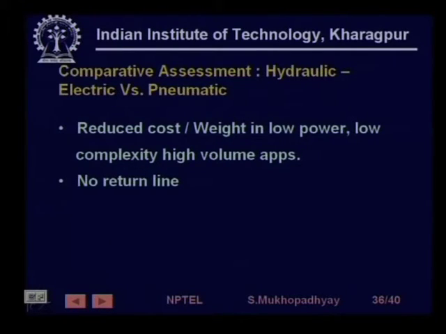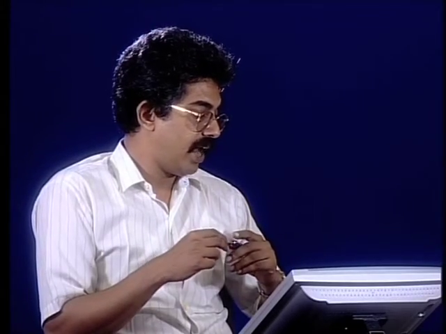Some of the cost advantage comes because, as we have said, there is no return line. That saves a lot of cost, half the tubing cost is gone. Just like hydraulics, in pneumatics there is no stalling problem, while in electric there is. In pneumatic there is no fire hazard.